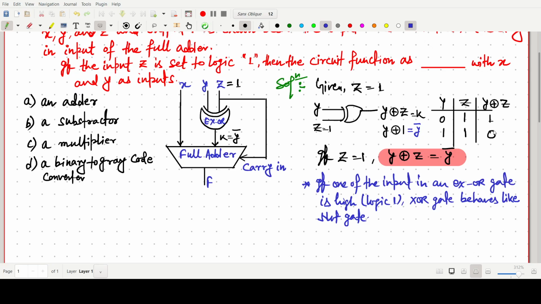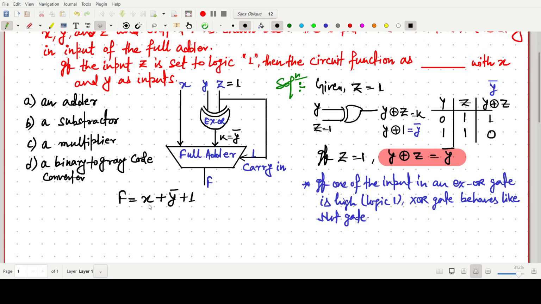Here we have shown that Y may be 0 or 1, and Z is 1. So for the inputs 0 1 the output is 1, and for 1 1 it is 0, which is just the complement of Y. So now this value is Y bar, and the carry in is simply 1. This is a full adder circuit, so we can write the full adder output as X plus Y bar plus 1.